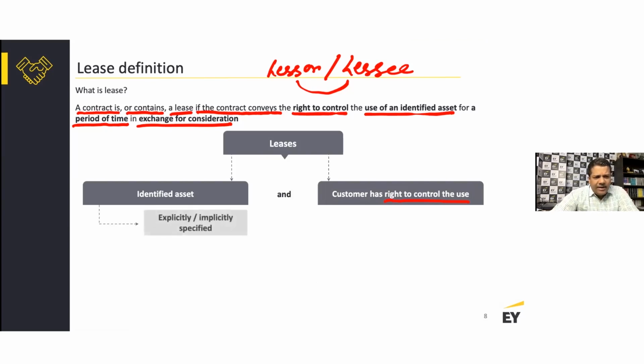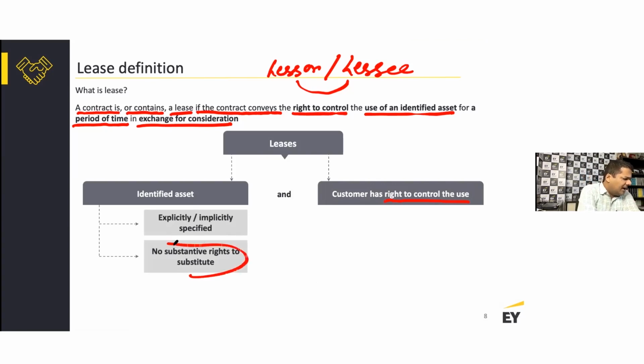The identification can be explicit or implicit, with no substantive right to substitute. I talked about what a substantive right to substitute means, and we'll talk about a lot more on this. This is important, right? I gave this example of taxi services.